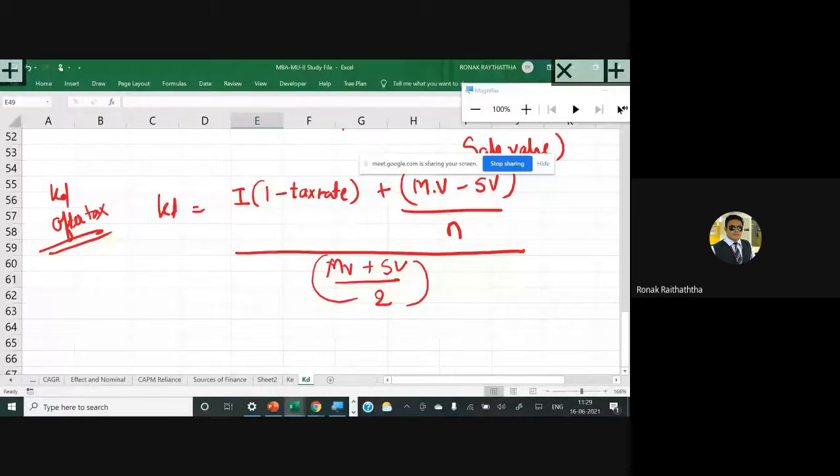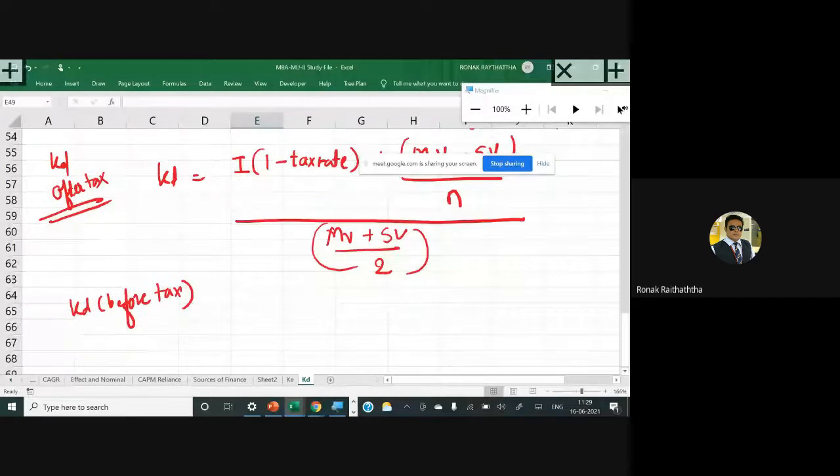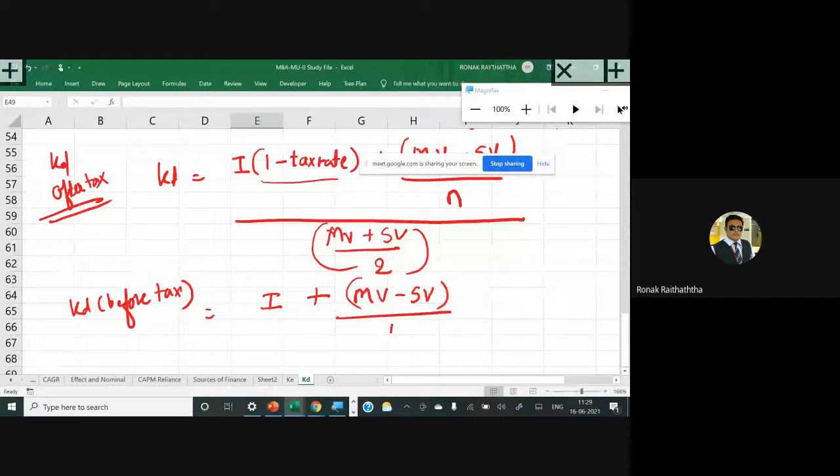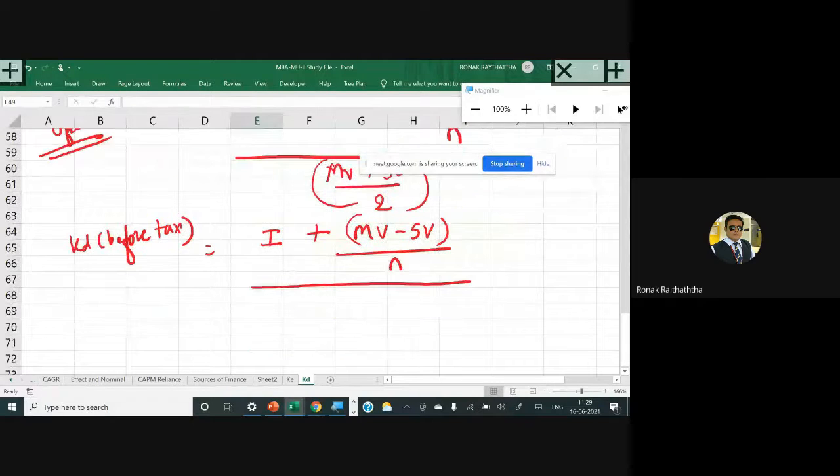Now, my friend, KD before tax will be the same formula, just 1 minus tax rate will be removed. So I stands for the interest per debenture in this case. I am writing this plus MV minus SV divided by N, to be divided by MV plus SV divided by 2.